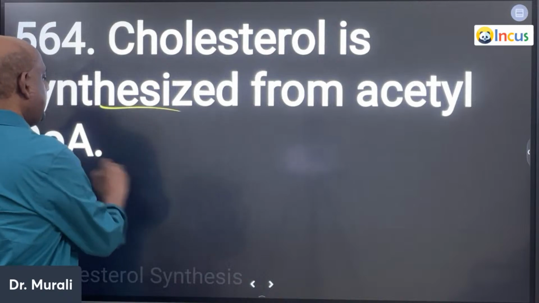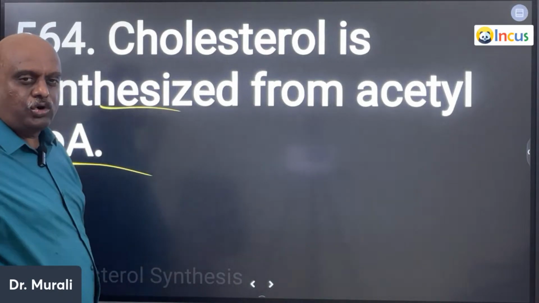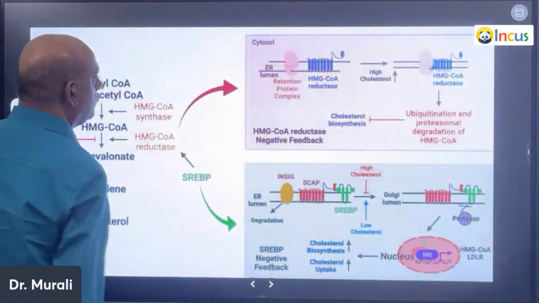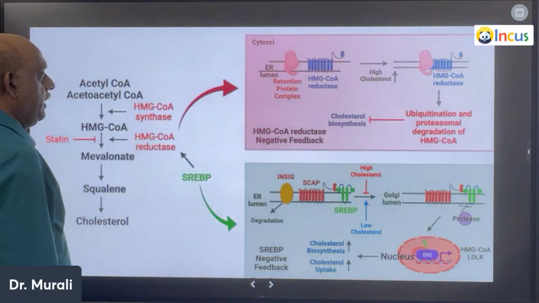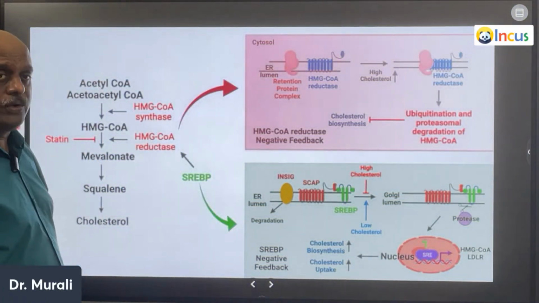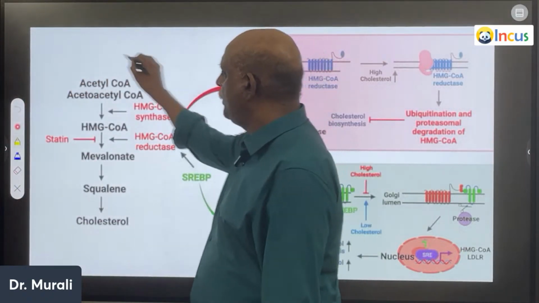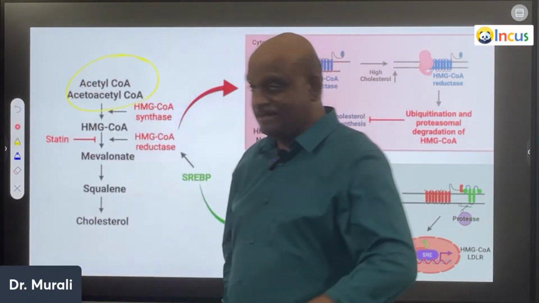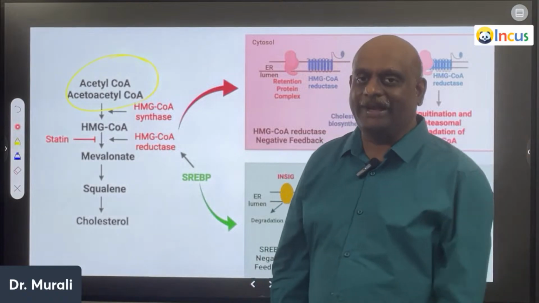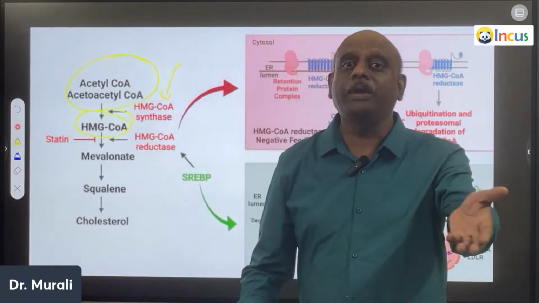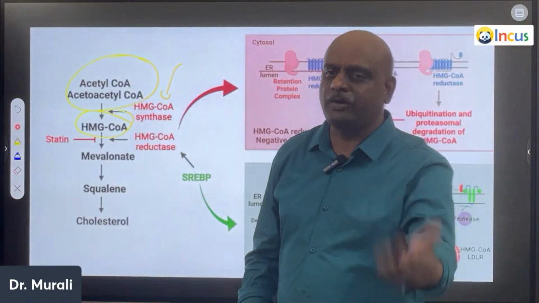Cholesterol is synthesized from where? The origin for all the cholesterol is acetyl-CoA. So you need to know, acetyl-CoA plus acetyl-CoA together, by the action of HMG-CoA synthase, become HMG-CoA, hydroxymethylglutaryl-CoA.